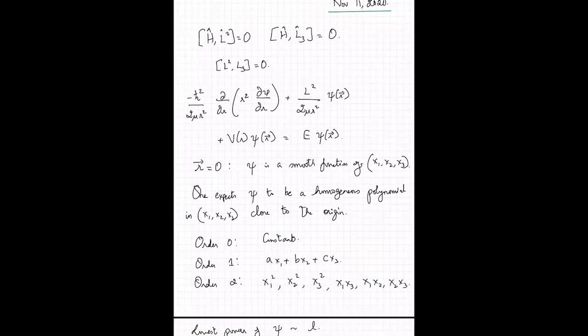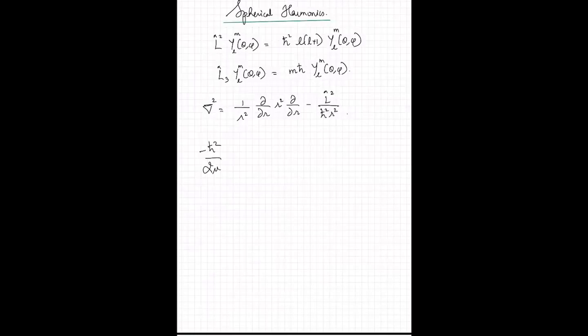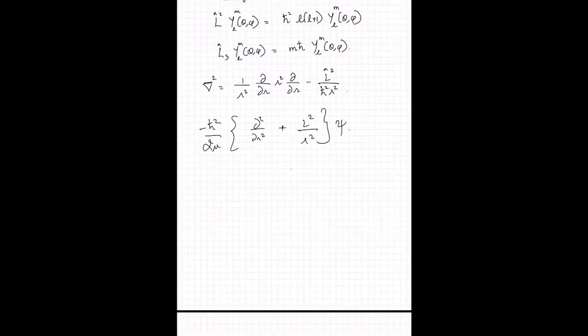You see, if this psi were not an eigenfunction of L square, right? Think about that. So let us look at the same Schrodinger equation: 2 mu times some d square dr square piece plus this L square piece. Roughly speaking, this was the structure, L square over r square piece. This acts on psi. If this psi is not an eigenfunction of L square, then this L square times psi would be some complicated function of theta, phi, and r.